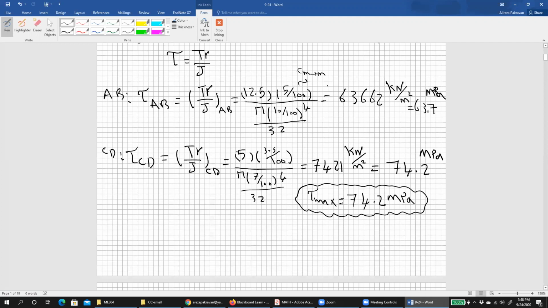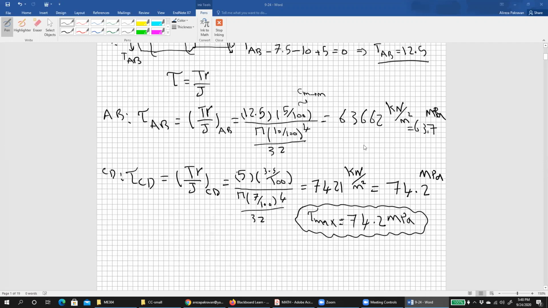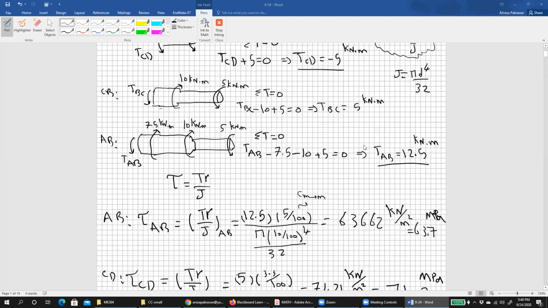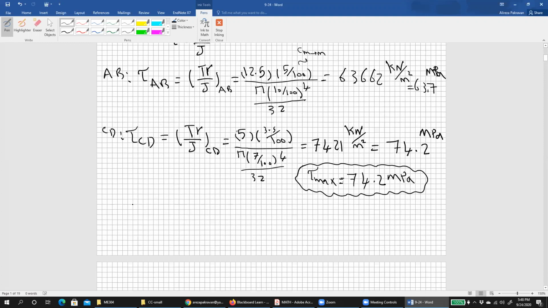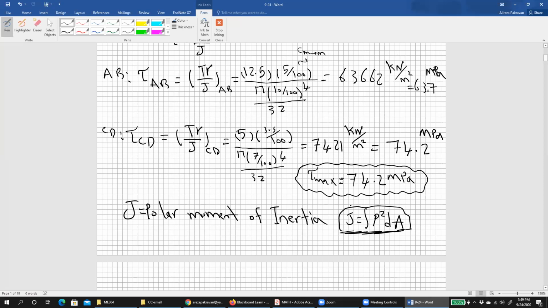So can you please correct? J, as we discussed last lecture, is the polar moment of inertia. We derived this formula in the last lecture. To go from the original formula to this formula, we should wait for chapter 4 to cover the moment of inertia, and the polar moment of inertia is a special case of that, right?